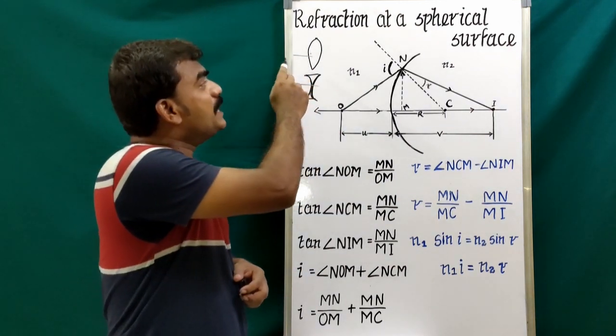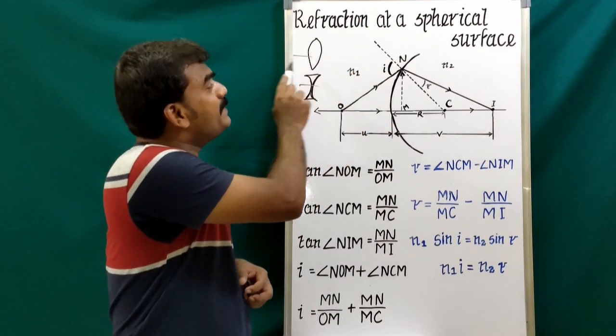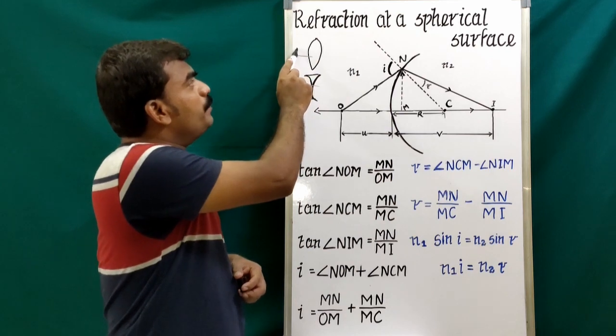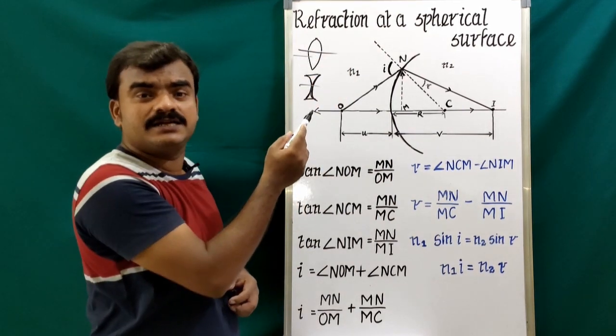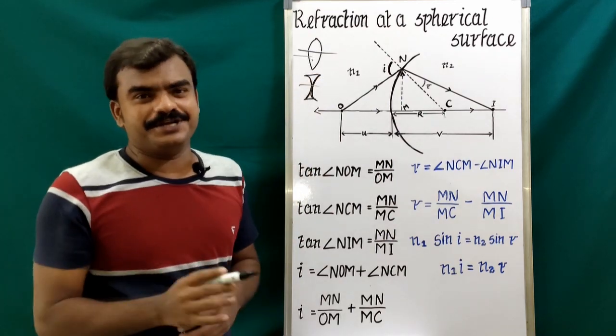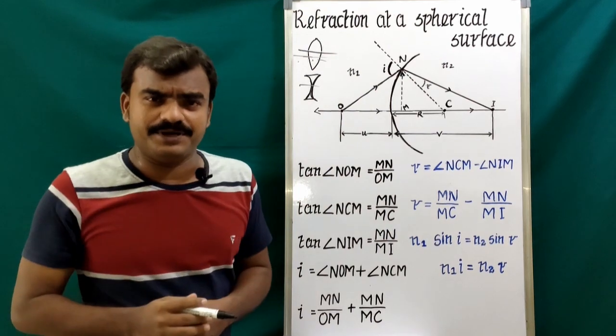The light will be penetrating. The light will be transmitting. It means the light will be refracting from one medium to another medium. The reason is that it is a transparent medium. So, it refracts the light from one medium to another medium.